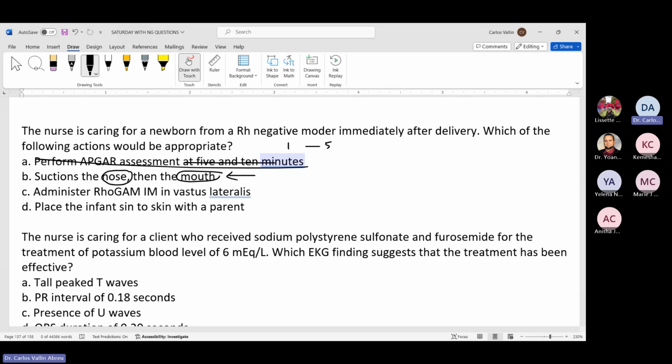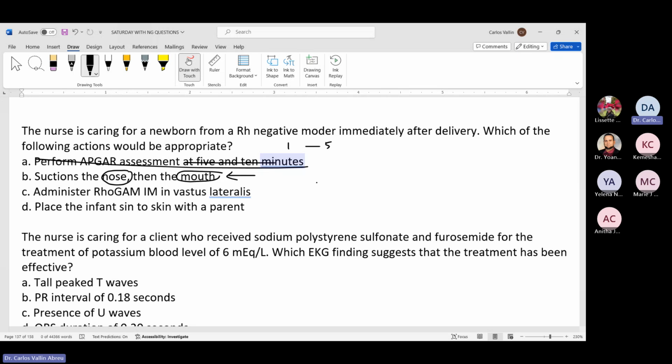It's important when the baby takes air for the first time when coming out of the uterus to have the mouth as clean as possible to minimize the aspiration of undesired secretions. That's why the first thing to suction when the head comes out is the mouth, because the baby is going to breathe through the mouth the first time, because the first breath is going to be crying.